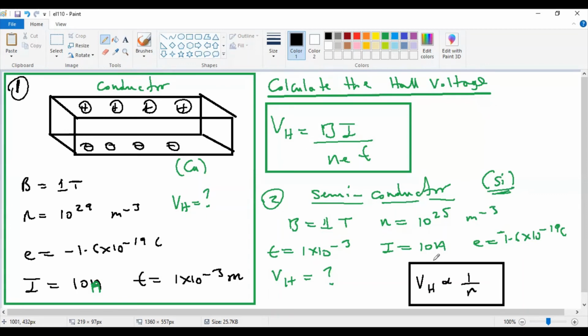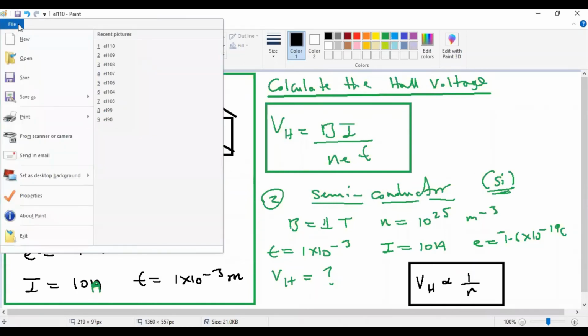So V_H equals VI over net. All right, so that's no sweat. So that's the Hall effect.